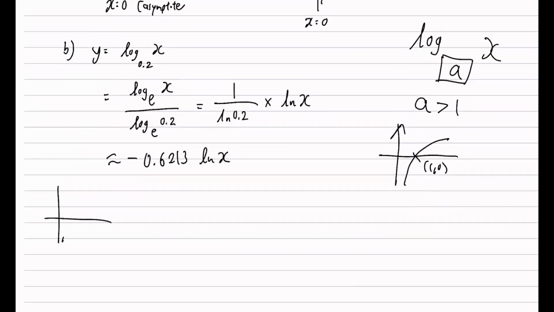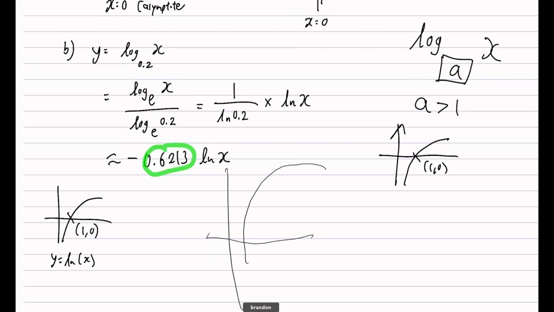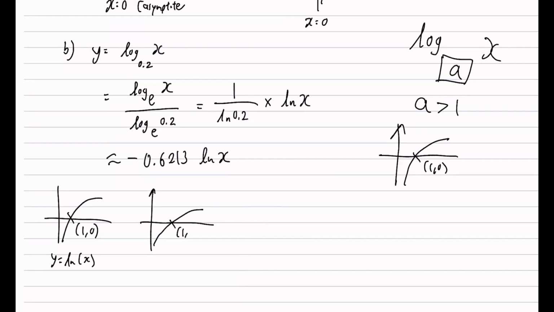It just looks something like this. It's just another log graph. Then when you multiply by 0.6213, what happens? You're just going to make it shorter, increase slower. So there's not much difference. It's really just the same thing. It's just increasing slower. This is y equals 0.6213 ln x.